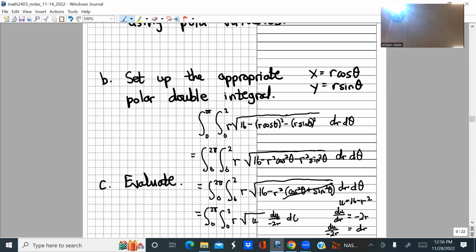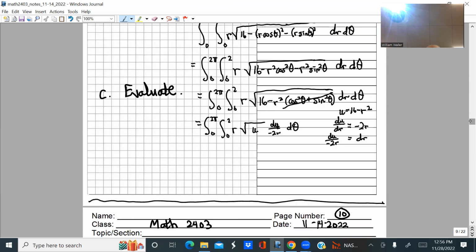But don't forget, I still have the d theta hanging along there. So nice things happen, because that's what I was predicting. The r's cancel, and this minus 2 you can factor out. So we see we get a much more palatable integral. I factored out minus 1/2 right here.